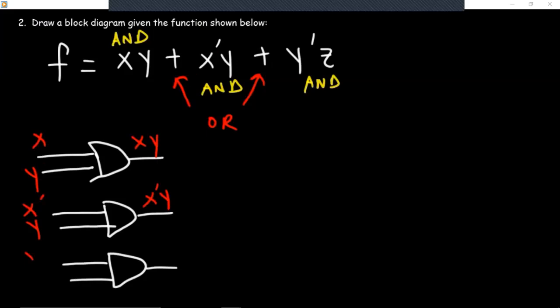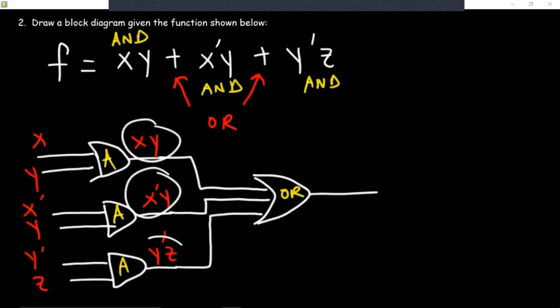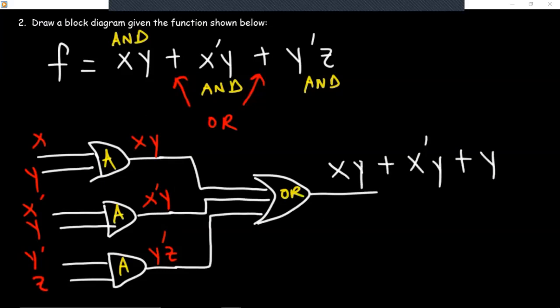So this is going to be y prime and then z. Now we're going to feed these 3 AND gates into an OR gate. And so the output of the OR gate is going to be the sum of the 3 inputs. And so that's how we can draw a block diagram for this expression.